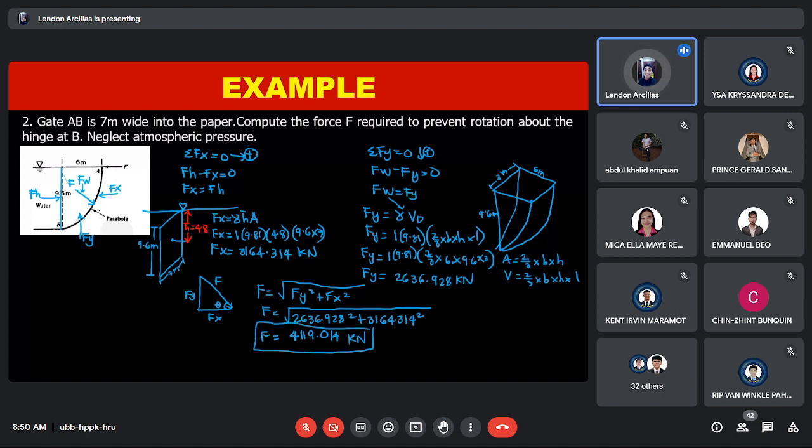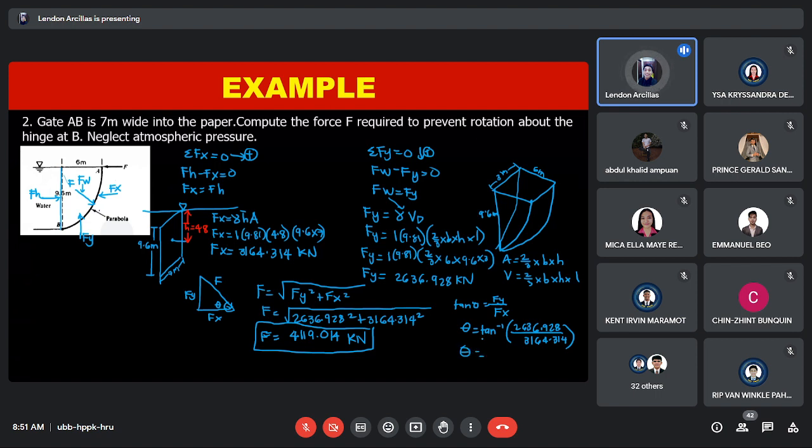And the location of F is angular, so that is tangent theta, so that is inverse tangent of F of Y over F of X: 2636.928 over 3164.314.